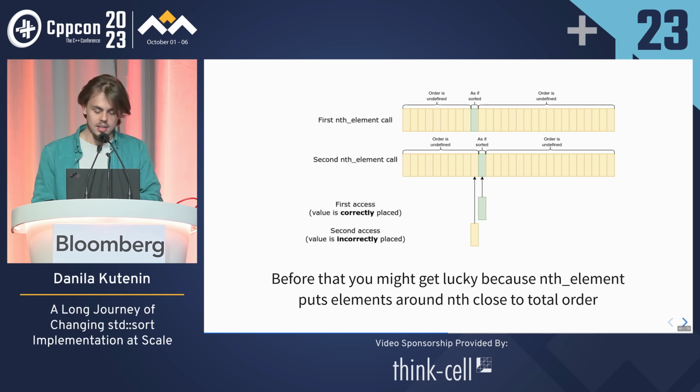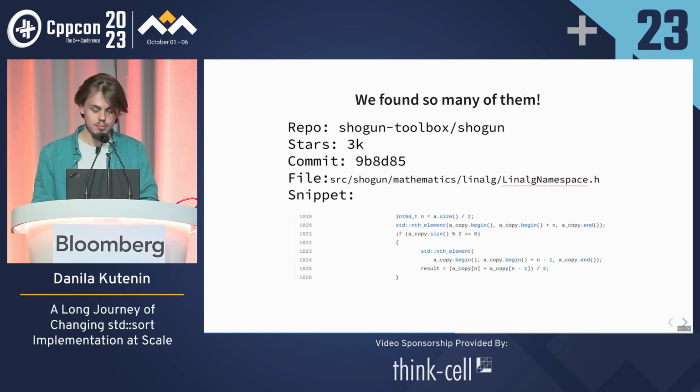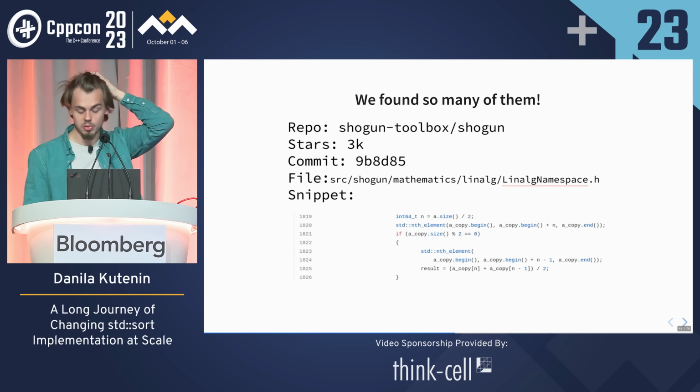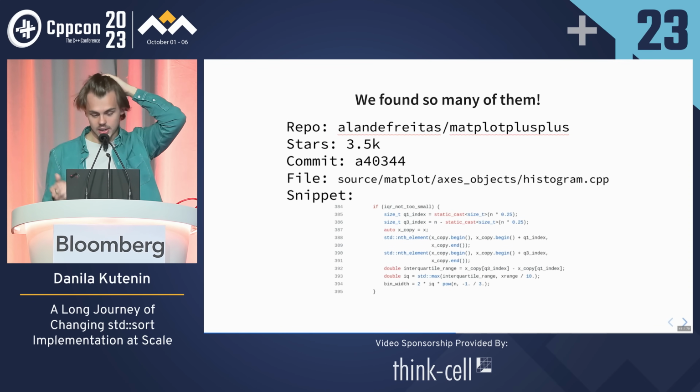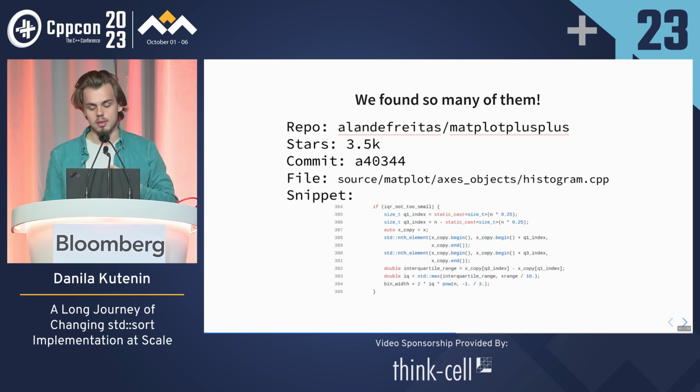But you can get lucky, because nth_element actually puts elements around nth close to total ordering. Let me show you examples from GitHub repositories. This is exactly what happened in some repository with 3,000 stars. This happened in the repository for Matplotlib, I believe.